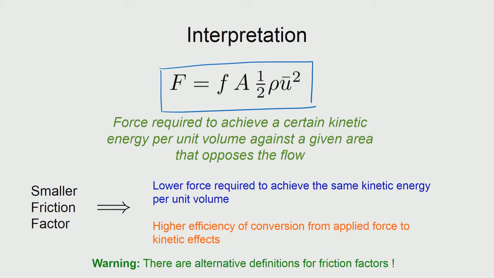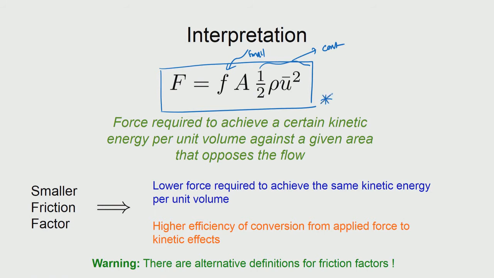When a friction factor is taking a very small value, it implies, if you can see this expression, that if this is remaining constant, then you would require less force to achieve the same amount of kinetic energy. Which means that getting to flow regimes in which friction factor is small would be good, because that would be more efficient.